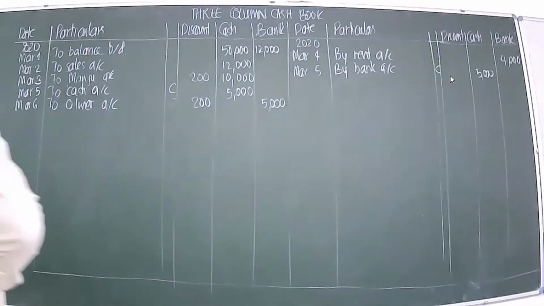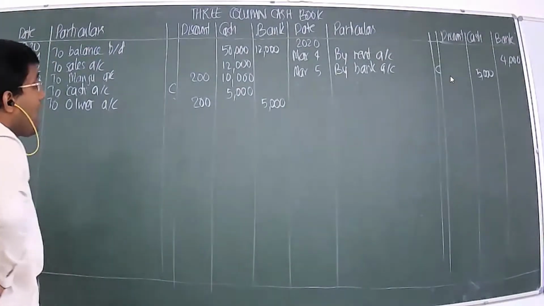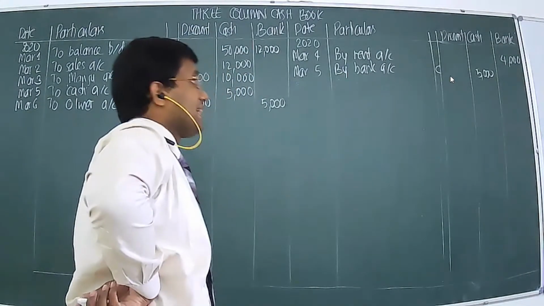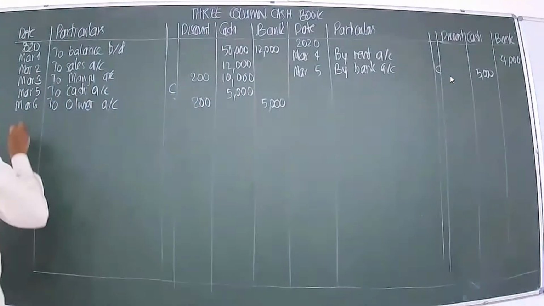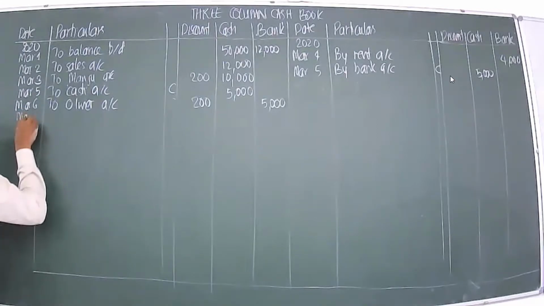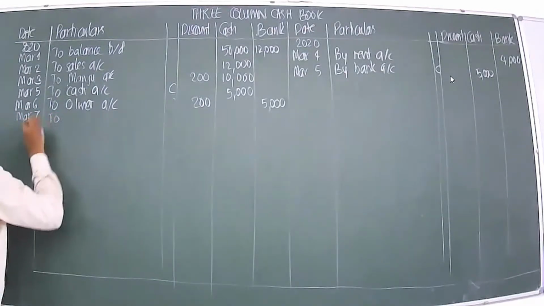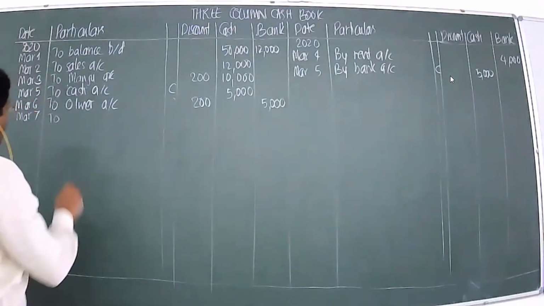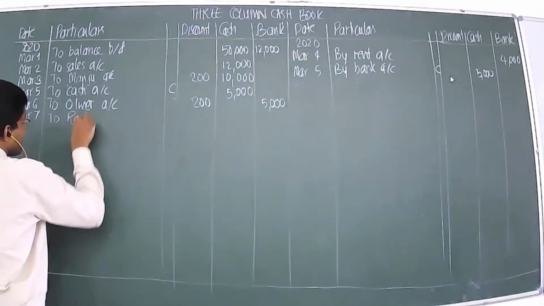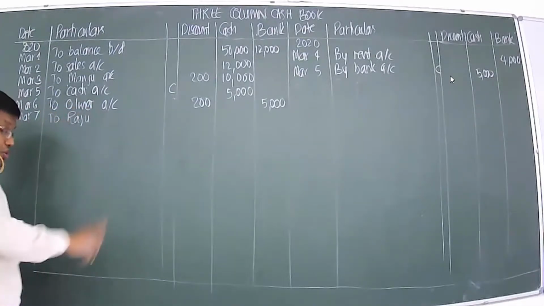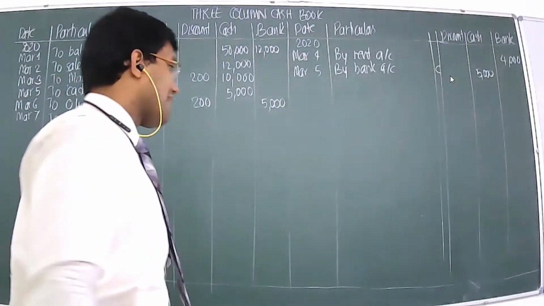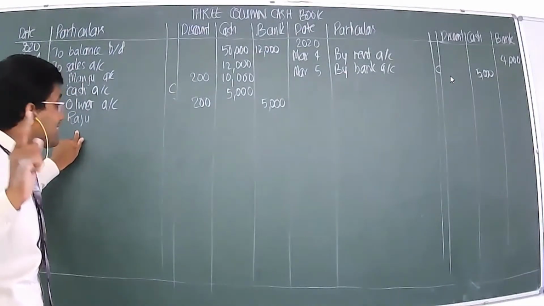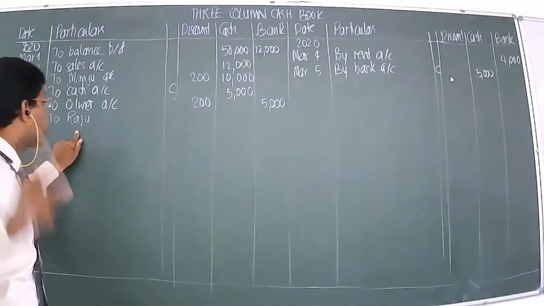So please remember, in this case, you're receiving the check, however, you're depositing the check on a different date. Since you're receiving the check on the 7th but depositing on a different date, you will be treating the receipt of the check as a normal cash transaction.